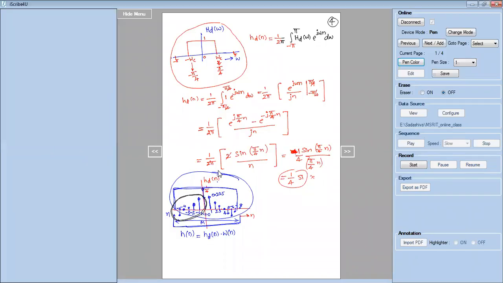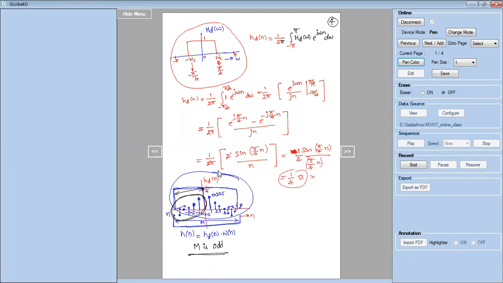Is it making sense? Now this side is the negative portion, which indicates an anti-causal system. So what I will do here, if I choose M odd, let me say type 1 only. That's why we are considering only type 1 filters.